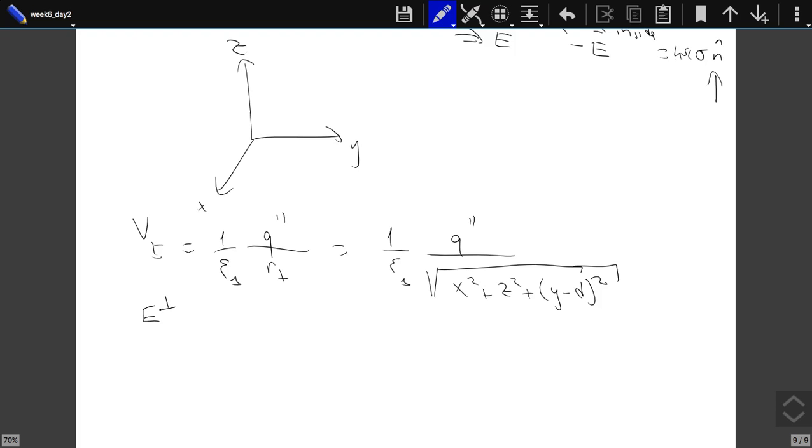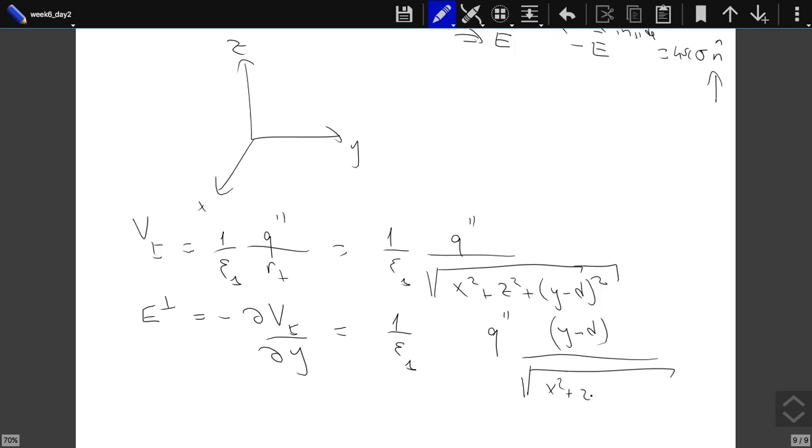E perp, the perpendicular component, is minus the derivative of the potential with respect to y. Y is the perpendicular direction. And this is equal to 1 over epsilon 1 Q double prime times (y minus d) divided by the square root of x squared plus z squared plus (y minus d) squared, to the power 3/2.